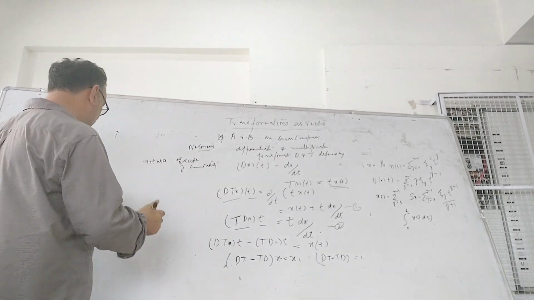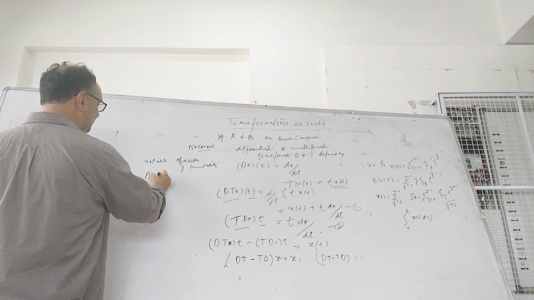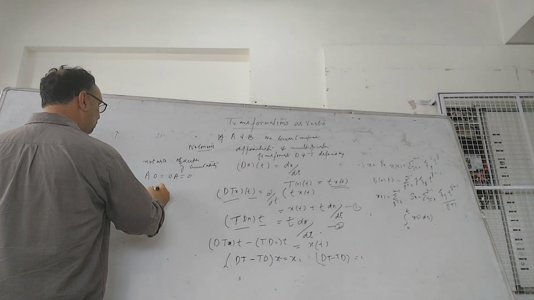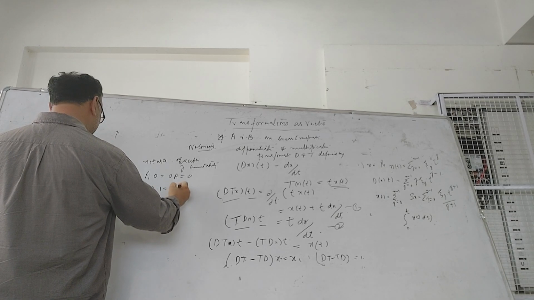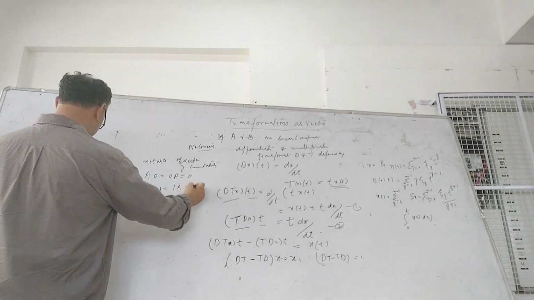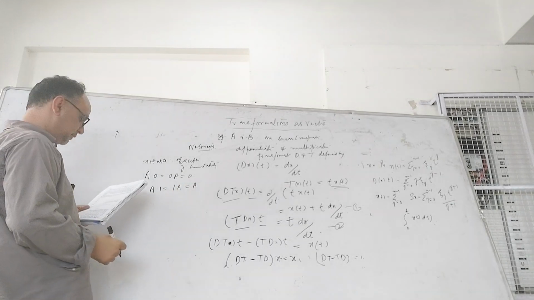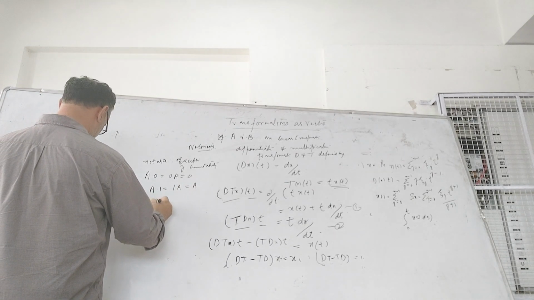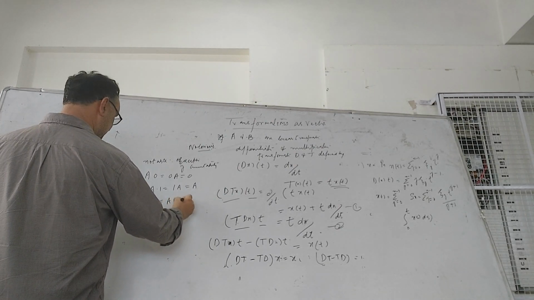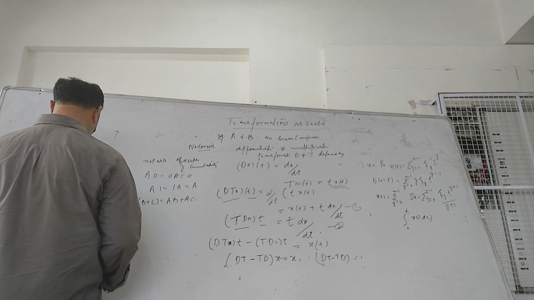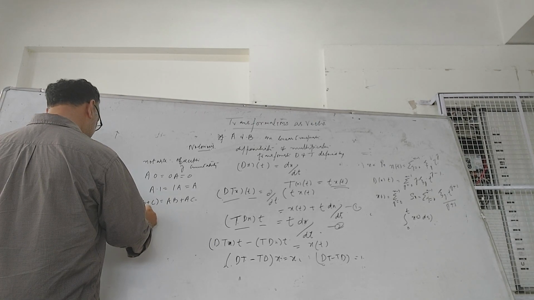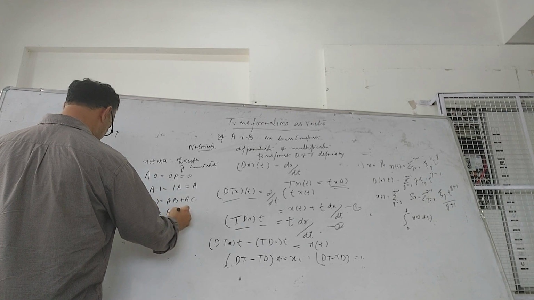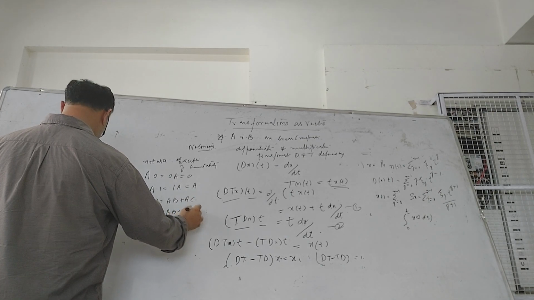For example, you multiply this with 0, you will get 0. Or you multiply it by the identity element, it will not change anything. Or the associative property. Or (A plus B) into C, the distributive property, it's AC plus BC.